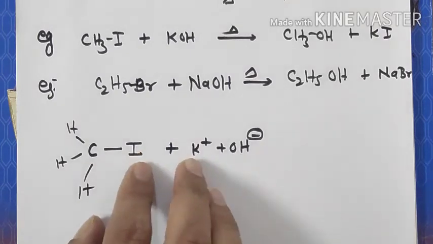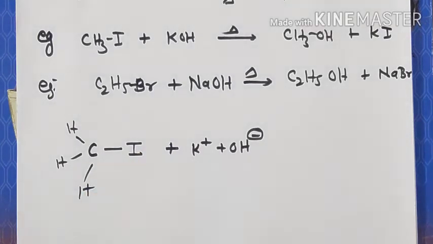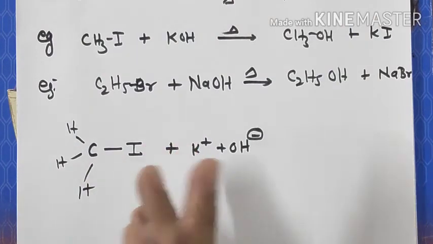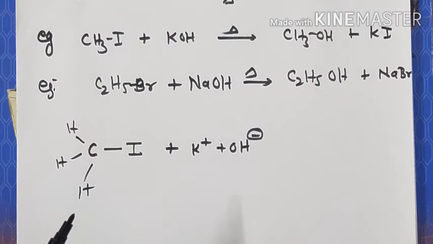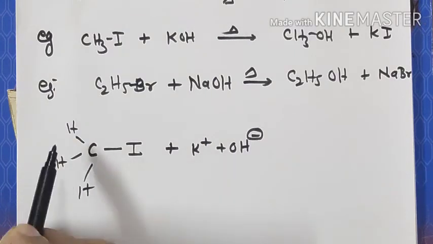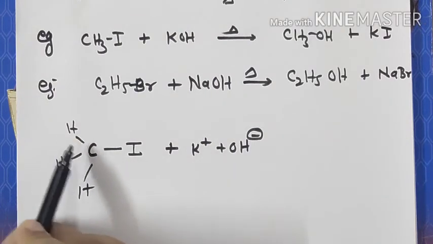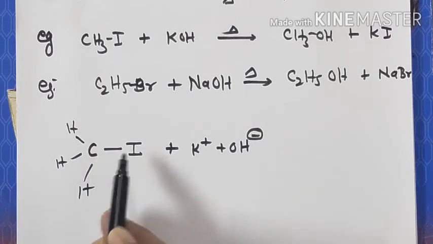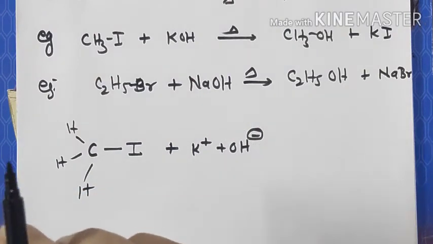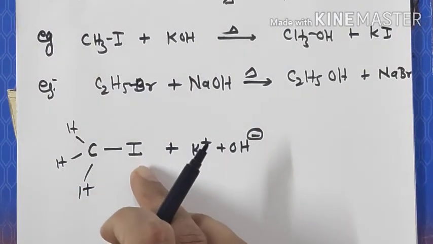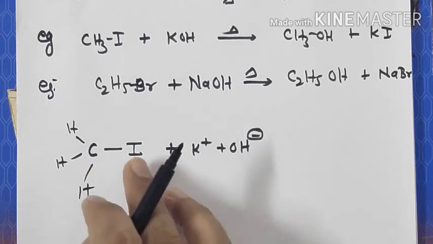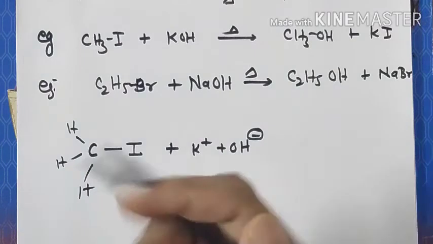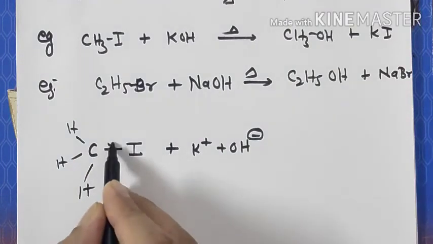If you look at carbon and hydrogen, their electronegativity is almost the same, so there's no polarity in this. But iodine, chlorine or fluorine are electronegative in nature, so they tend to pull the bonded pair of electrons to themselves.